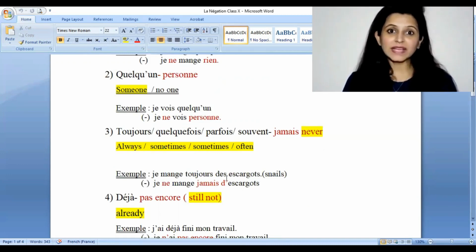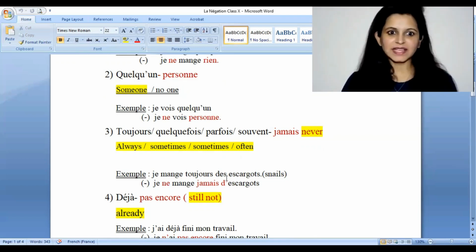Snails. So when you make negative of this, it will be je ne mange jamais, and the rule of articles will remain same. So des is partitive article, it will change into d apostrophe because escargot is starting with a vowel. So je ne mange jamais d'escargot.